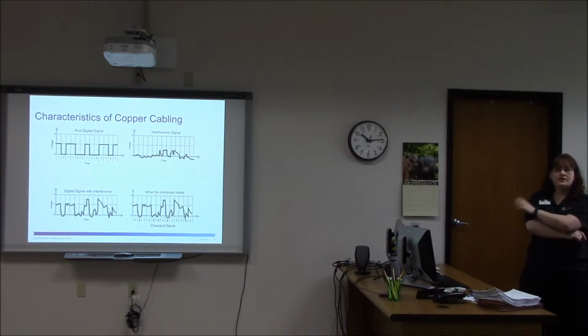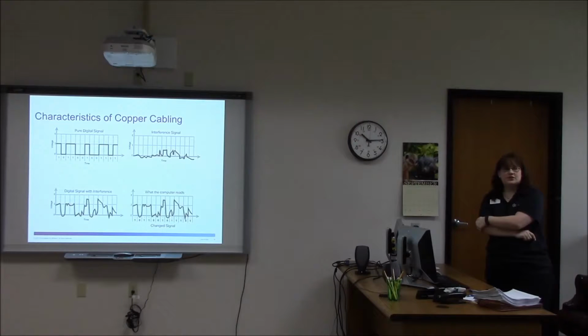Copper cabling is by far the most used because it's cheap. You can go to Lowe's and buy 1,000 feet of copper cabling for $70. So you could do quite a bit of cabling just with one box. Now, the main problem with copper cabling is that it can only go about 100 meters. So your Cat 5 cable that we're all using in this room to connect only goes about 100 meters.